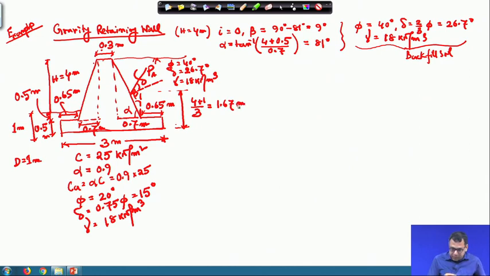So, this is the total geometry and the properties of the soil. Now, we have to design it. I have taken these dimensions for the first trial. So, what I am doing?